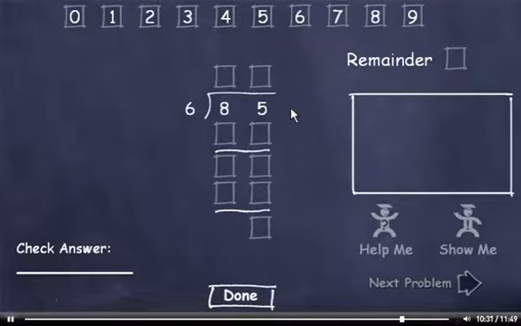85 divided by 6. 6 goes into 8 one time. 1 times 6 is 6. Eight minus 6 is 2. Bring down the 5. Six goes into 25 4 times.